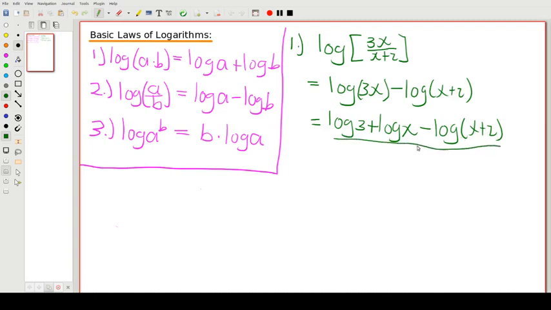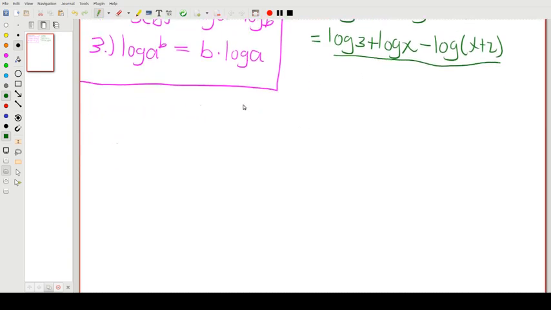Good. Now, let's do another one. Let's say we have here question 2, log of 3x squared over y.